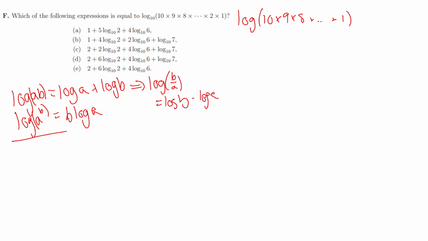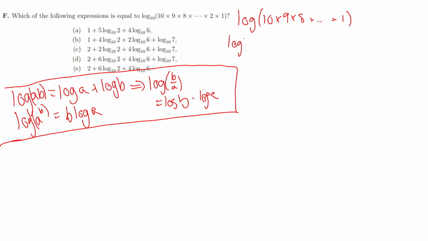So now that we have our rules, let's go and do some working out. Because we have log of 10 times 9 times 8 times 7, we can split this into log of 10 plus log of 9 plus log of 8 plus and so on.